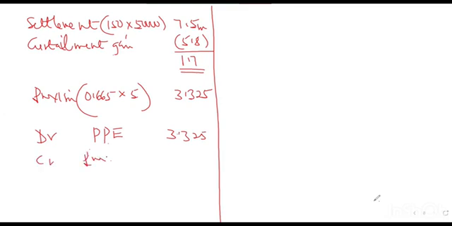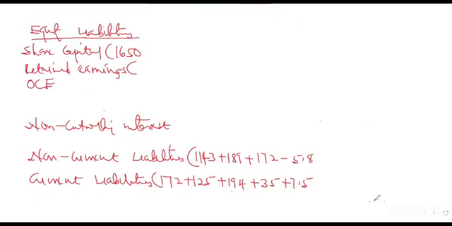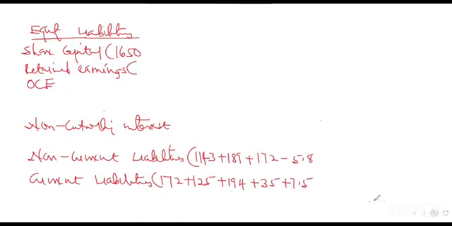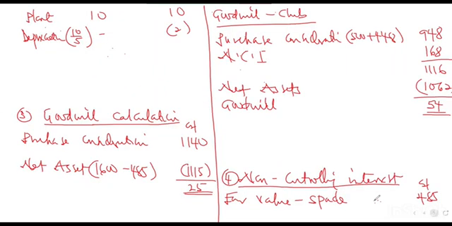These provisions will be included in non-current liability because this will be for 7 years. So you go to your 3.325 and you come to 3.325.